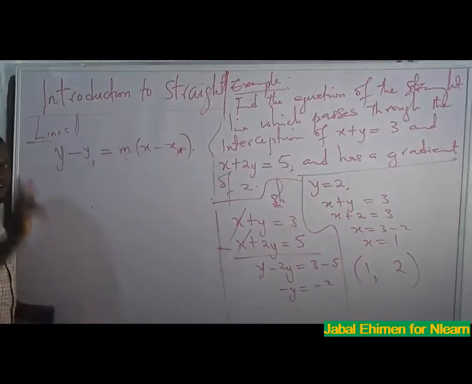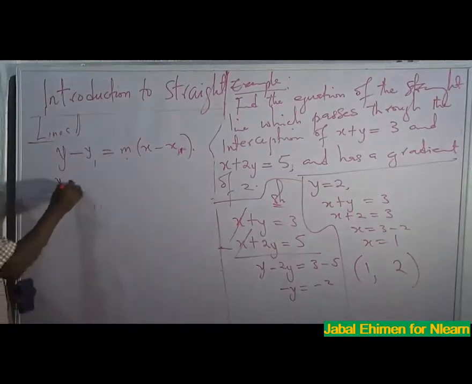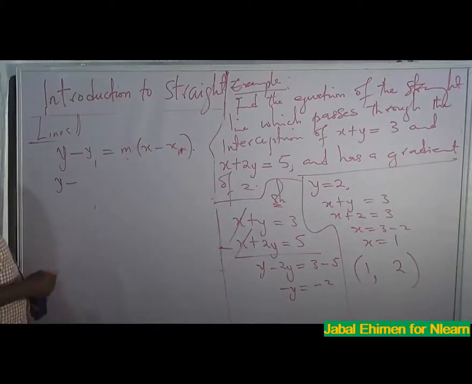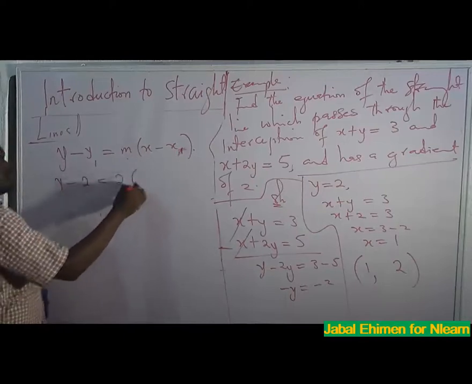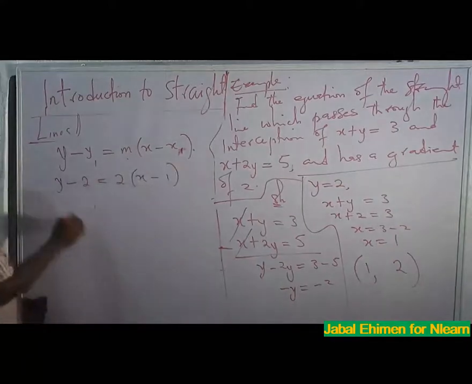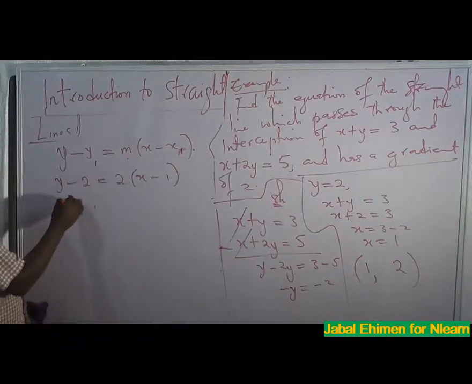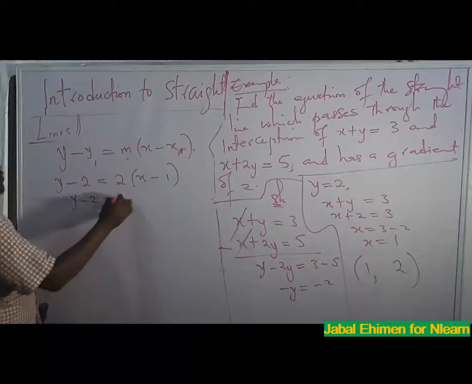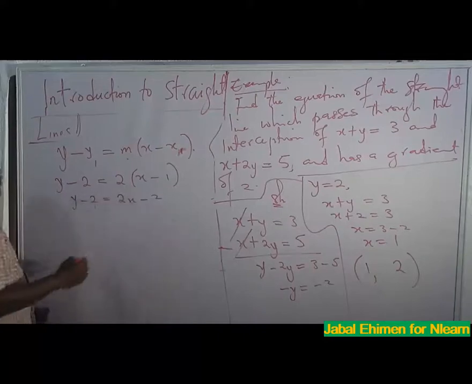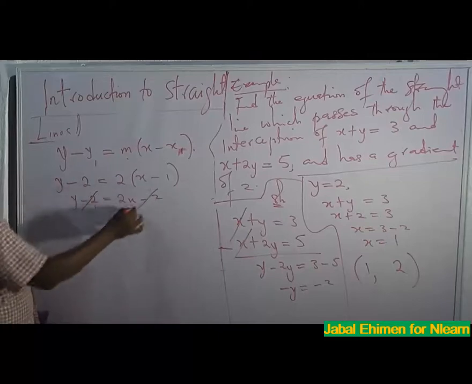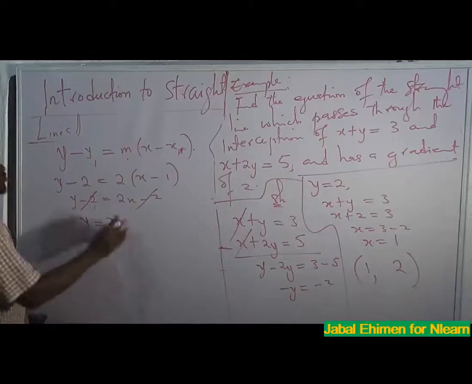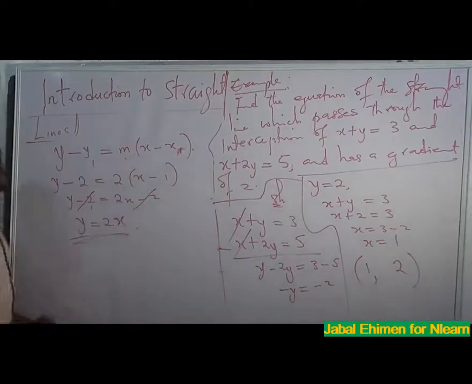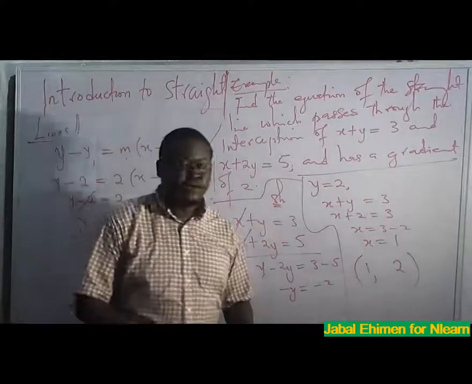That's for one point. So you have y minus 2 is 2 times (x minus 1), which gives y minus 2 is 2x minus 2. The minus 2 cancels on both sides, so y is equal to 2x. That's the equation. So class, that's simple enough.